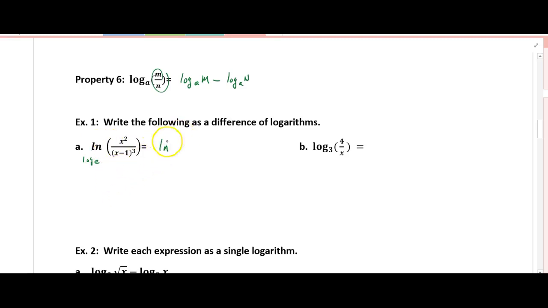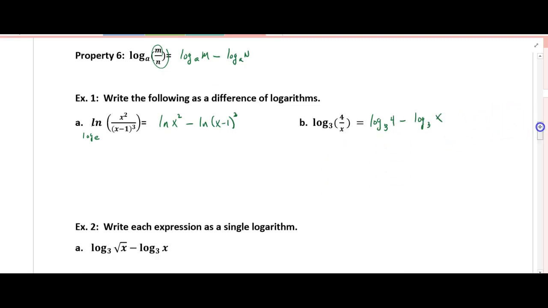So we're going to say the natural log of x squared minus the natural log of x minus 1, all cubed. Over here, this would be log base 3 of 4 minus log base 3 of x.